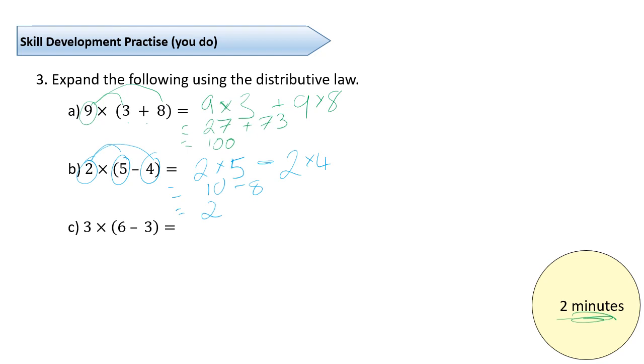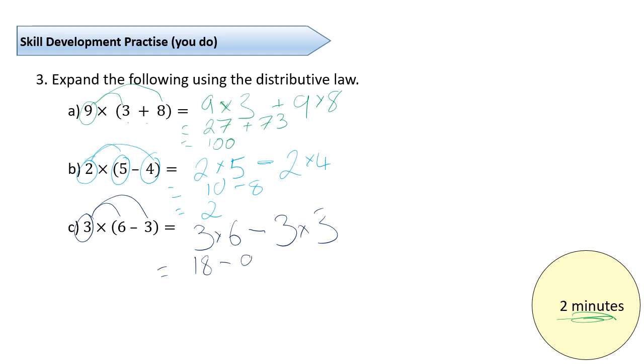Last one. Number out the front multiplied by the 2 numbers inside. So we have 3 times first number is 6. We have a subtract, so we'll put that in there. Number out the front times the other number in our brackets. 3 times 8, getting a bit carried away. 3 times 6 is 18.